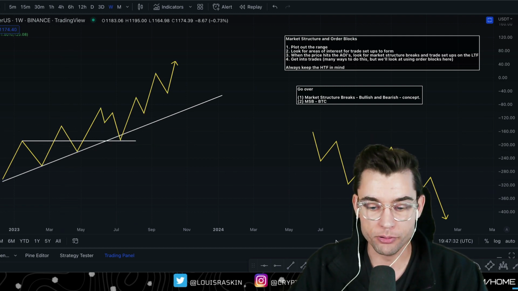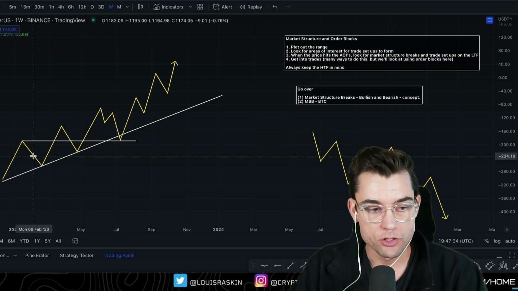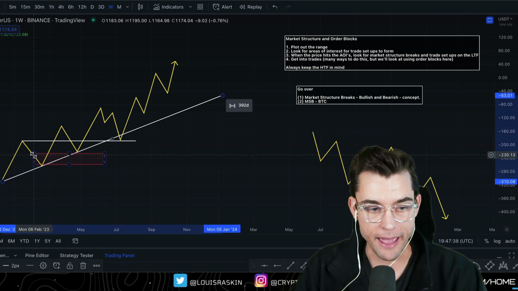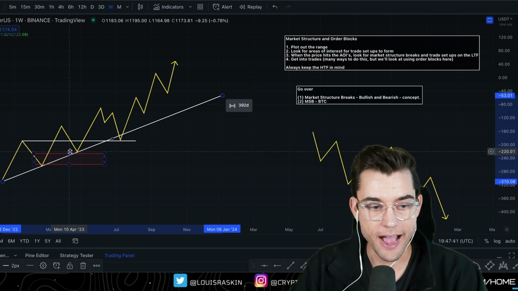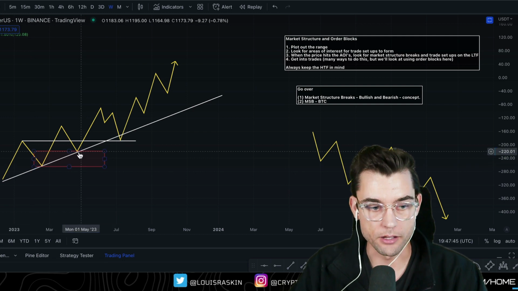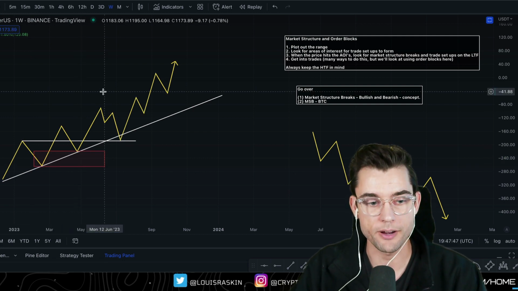And once the price gets down to where they originally started to buy back down here, that's when they'll put in their big order. And then it'll usually just shoot the price up.